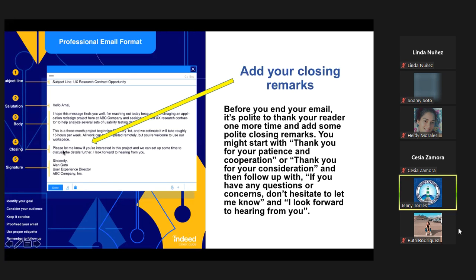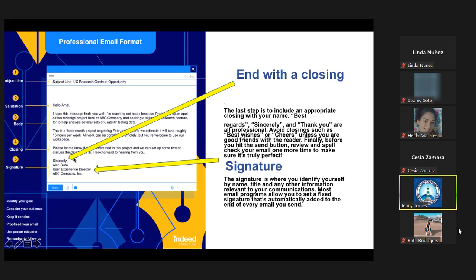In the number 4. In the number 5, you have to use here, it says sincerely, comma. So you have to use some phrases like best regards, comma, or sincerely, comma, or thank you, comma, okay?